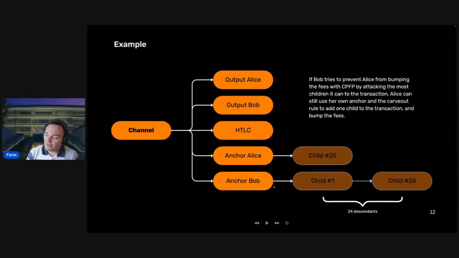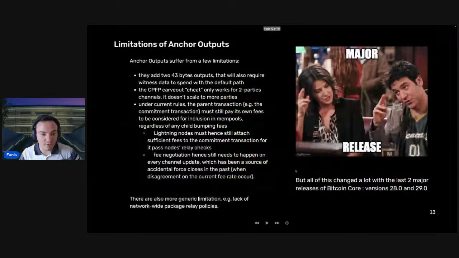And so it's quite easy to reason about and to see that it works. But if you were to have channels with more parties, then with similar rules you can't ensure that every party gets a chance to bump the fees of the transaction. Because if you said, okay, you can add two additional children, then it could be abused by another party in order to prevent someone from bumping the fees.